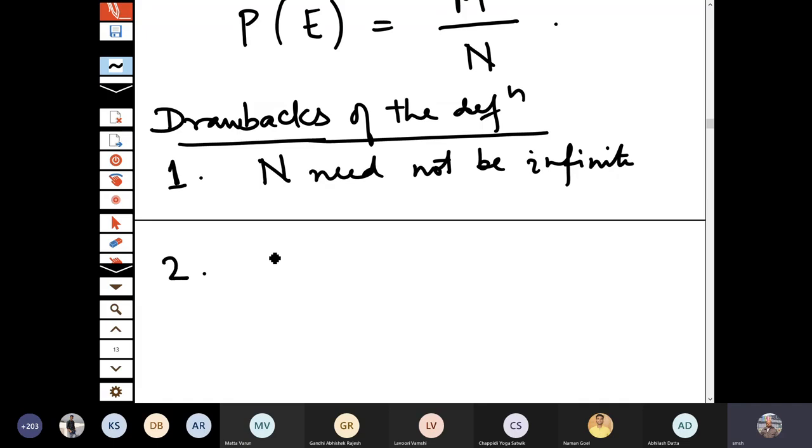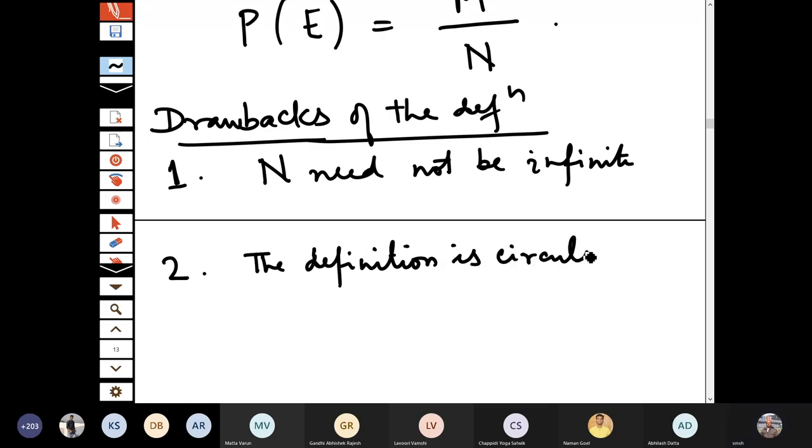The definition is circular in nature, because here we are actually defining the probability, and in the definition itself I am using the words equally likely, which means outcomes with equal probability of occurrence. For example, 1, 2, 3, 4, 5 and 6 have an equal chance of coming up. That means I already know the probability.